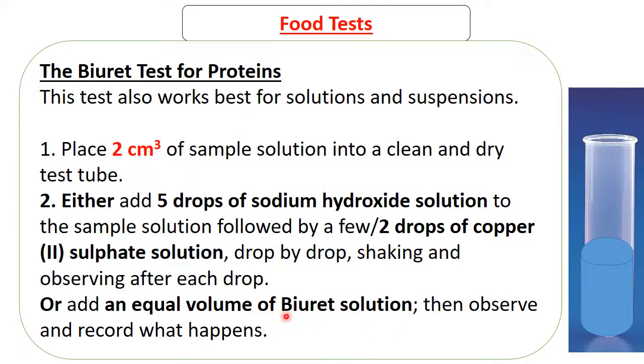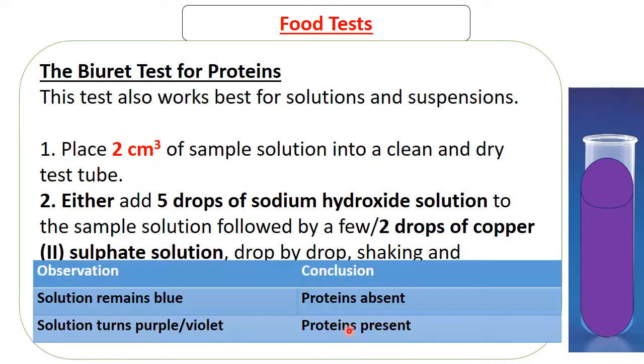So when you add an equal volume of Biuret solution, which is this, and if you end up with a purple color or a violet color, then you have proteins in your mixture. So if your solution remains blue, you don't have proteins. If your solution turns purple or violet, then you have proteins in your mixture.